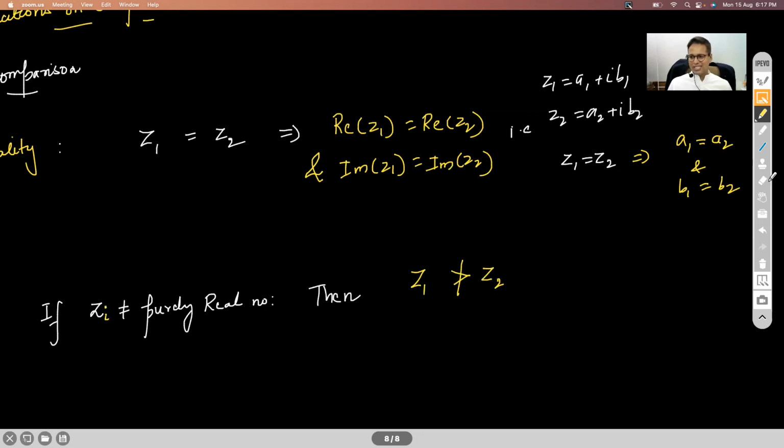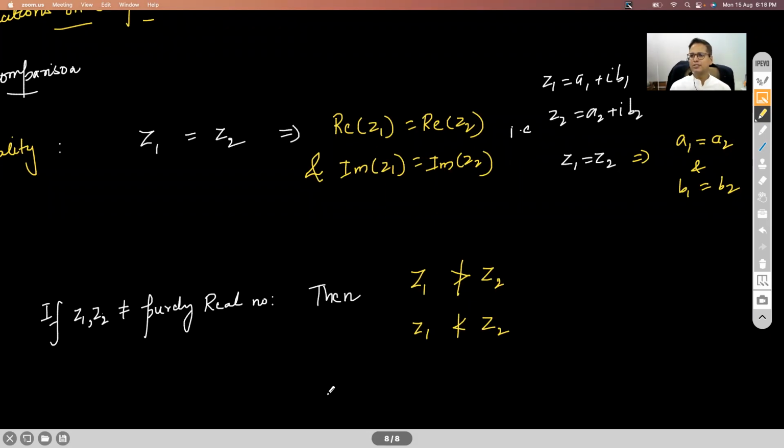Or to be more precise, if Z1 and Z2 are not purely real numbers, you cannot say Z1 is more than Z2 or Z1 is less than Z2, right? So it is meaningless to say one complex number is bigger or lesser than the other if they are not purely real numbers, right?